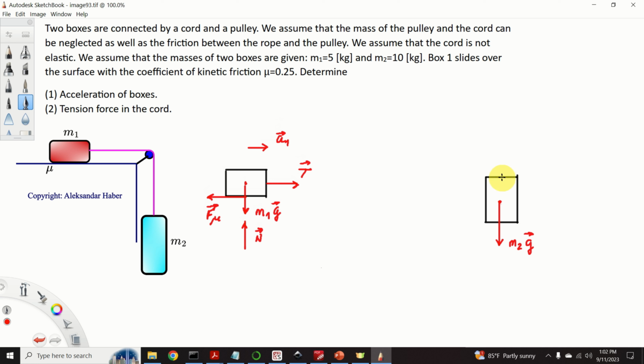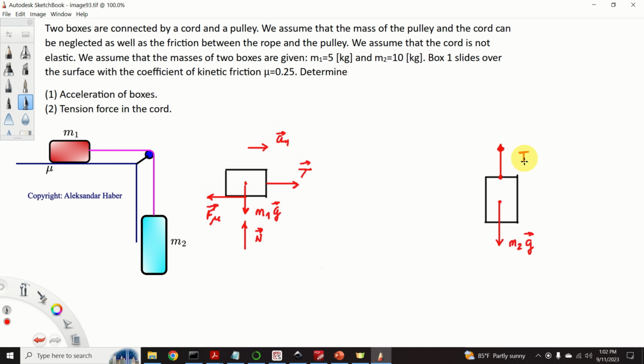In addition, we also have the tension force in the cord, and the tension force acts in this direction. This is the force that the cord is exerting on the box number 2. And obviously, the intensity of this force is equal to the intensity of this force. And I will denote this force as T.